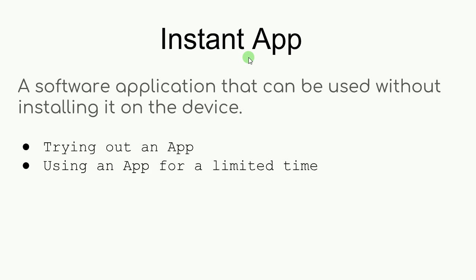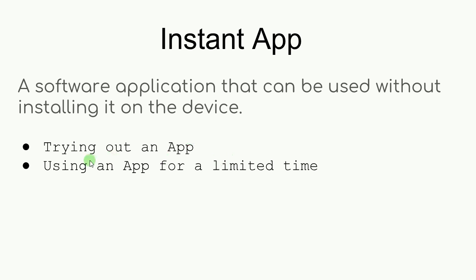So your user does not really have to make a lot of decisions before they actually install your app. They can just see around in your app and use its features, and if they like it, they would surely want to download the entire app. So this feature gives the user the freedom to try out your app.